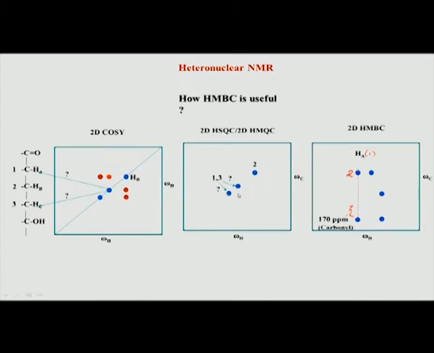So, let me draw the correct one. I would expect, let us say this is number 3, that is HC. So there will be a peak here which will be the carbon of HA.